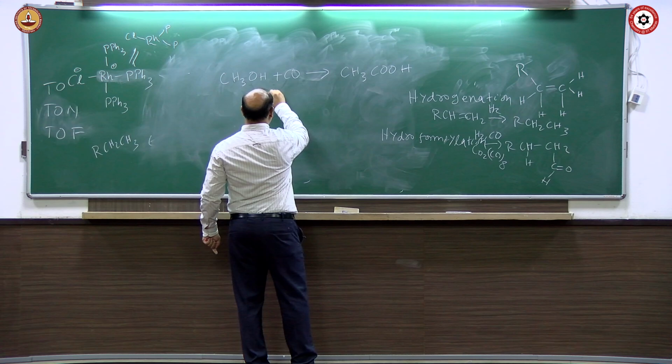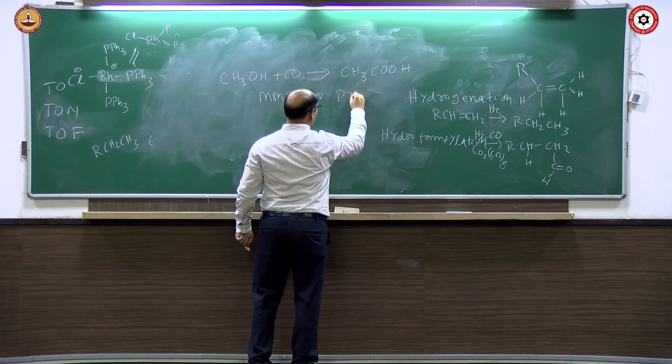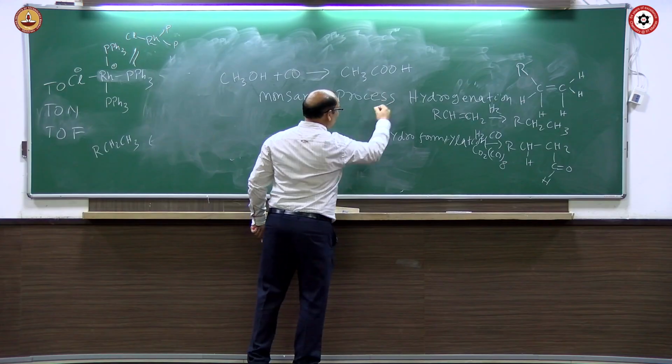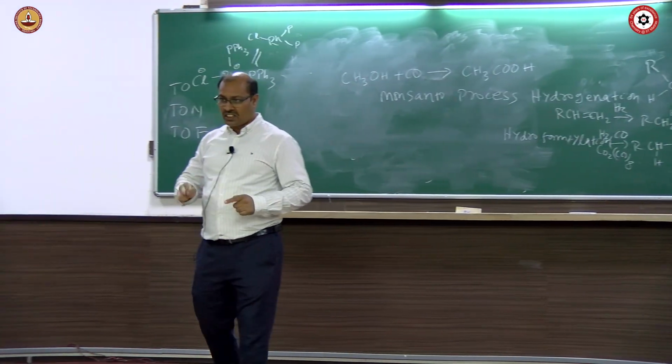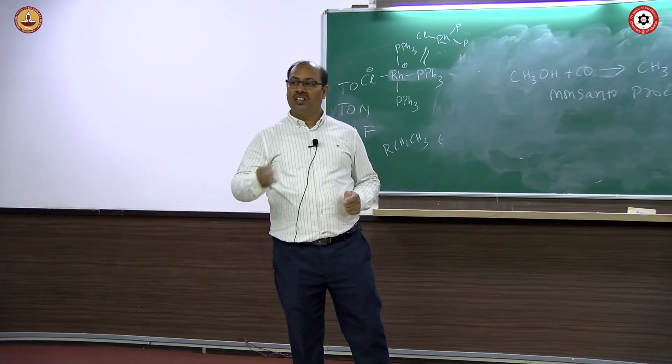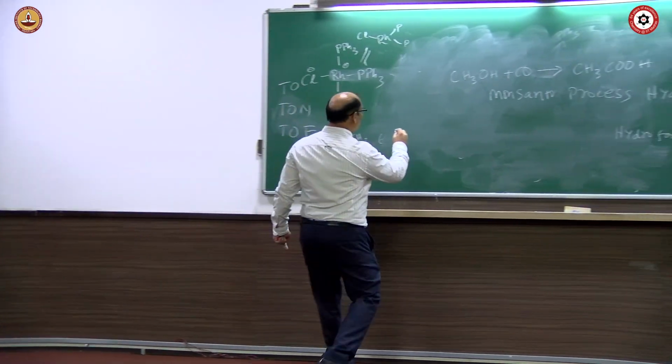This is called Monsanto process, or Monsanto acetic acid process, or methanol carbonylation. Okay. Then something called Wacker process.